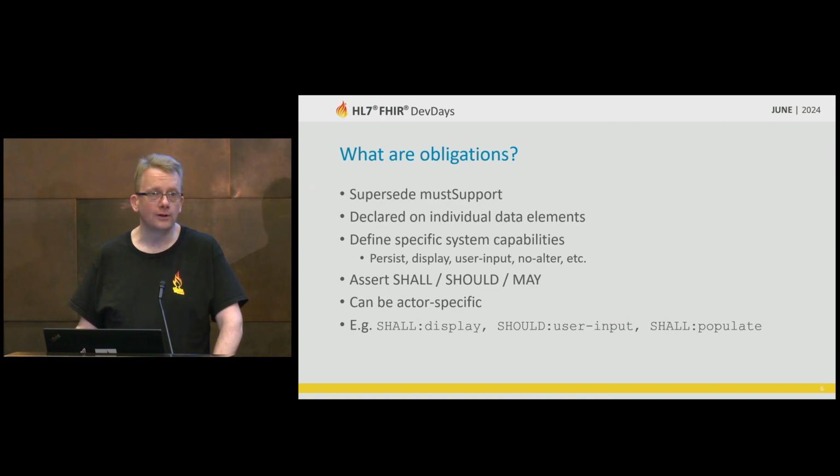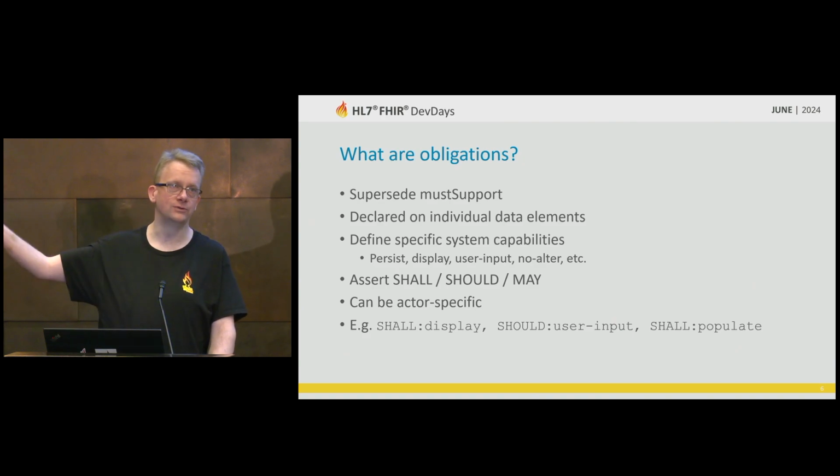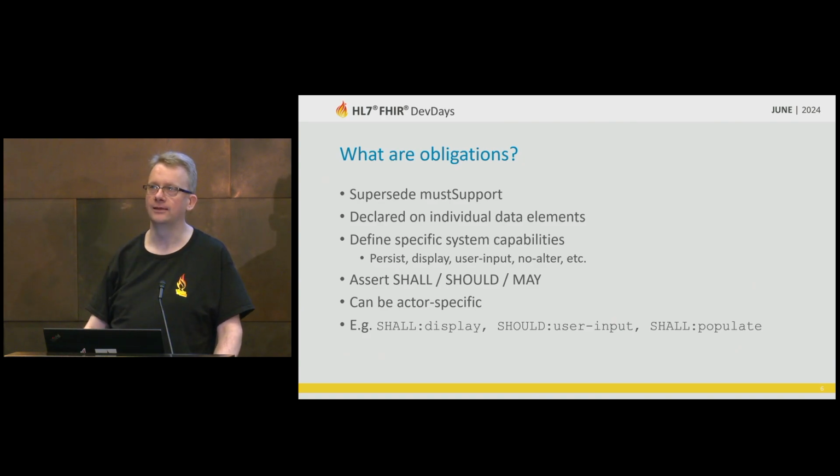And furthermore, must support was a general statement that applied to the entire element, and you could set rules in your text about must support means for servers these things, and for clients these things, and for different types of servers different types of things. But once you had must support on something, it was there forever, and that interfered with reuse.